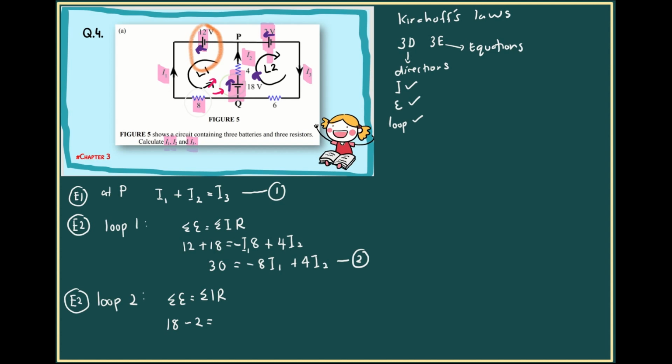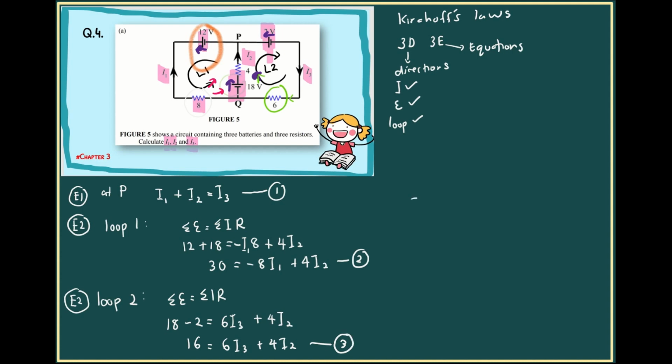We have resistor 6 with I3 flowing in a direction similar to the loop, so positive 6 I3. And one more, we have 4 I2, again positive. Simplifying the equation, 16 equals 6 I3 plus 4 I2. Then you have your third equation.